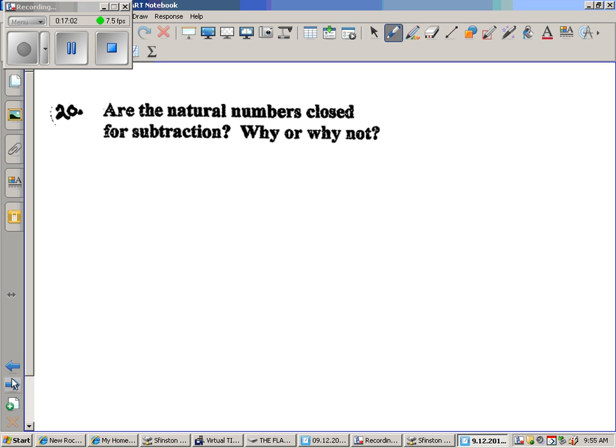Okay, are the natural numbers closed for subtraction? What do you guys think? The natural numbers. Do you only get natural numbers when you subtract them? No, give me the one case that might disprove it. Just give me the numbers. Yeah. 1 minus 4 is -3.